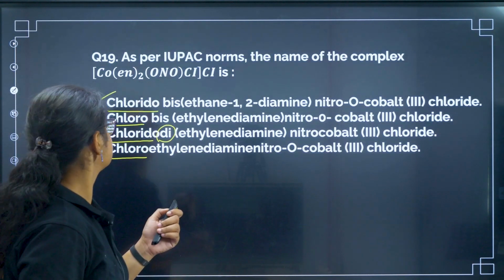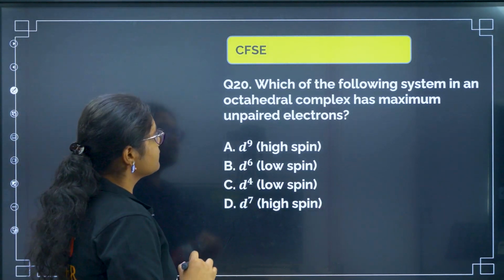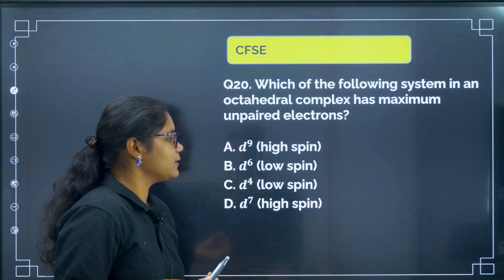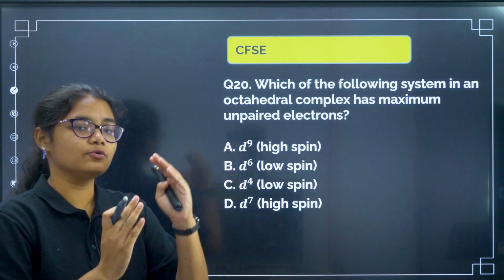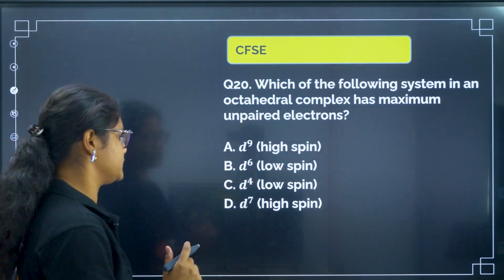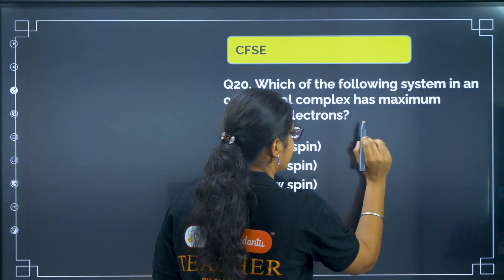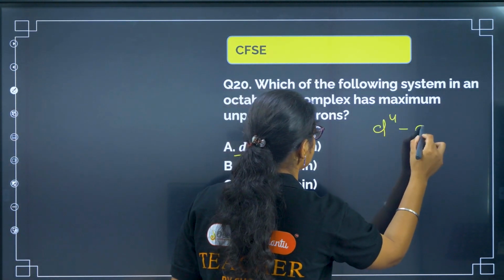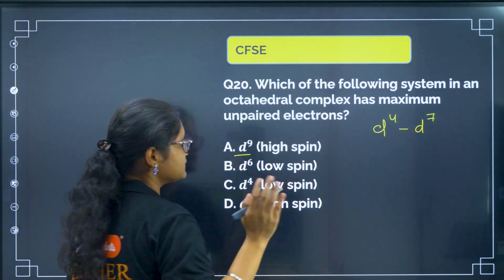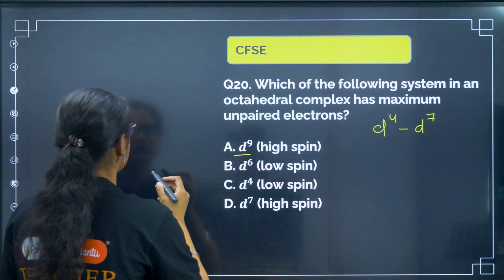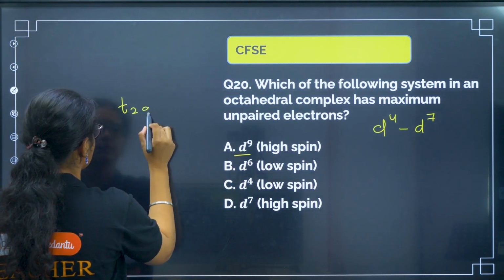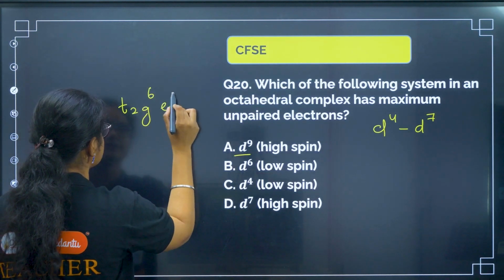Okay. Next, CFSE. Which of the following has the maximum number of unpaired electrons? So you have to know how to write the electronic configuration. D9. High spin, low spin is applicable for D4 to D7. D9 is the same in both cases. What will be the D9 configuration? t2g6 and eg3.